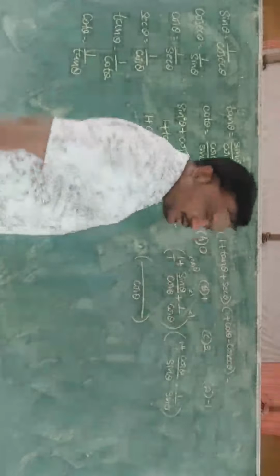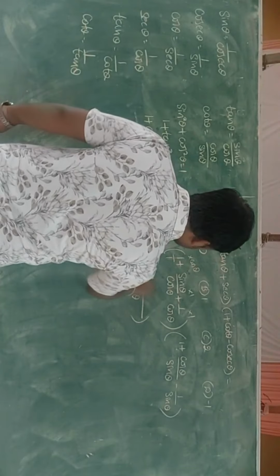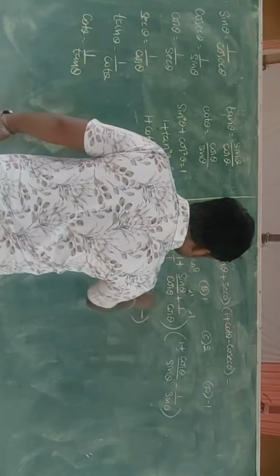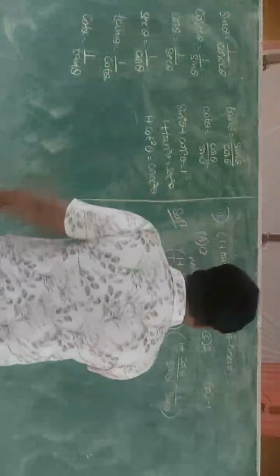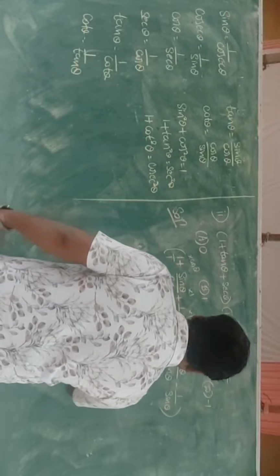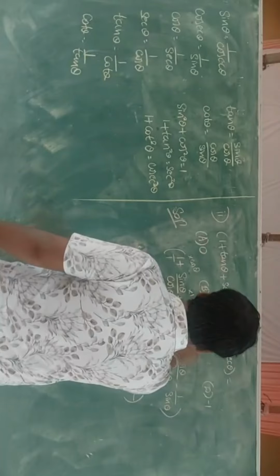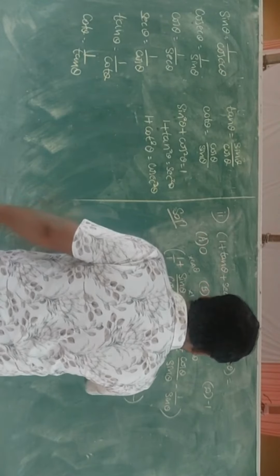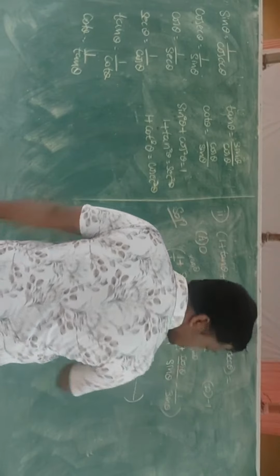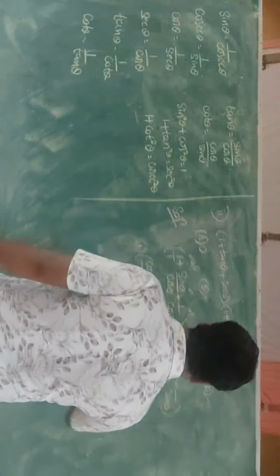So we get cos theta into 1, cos theta plus sin theta plus 1. Similarly, here sin theta is the LCM in the second term. Here 1 is there, so multiply with sin theta. So cos theta plus sin theta, it is actually sin theta plus cos theta minus 1.